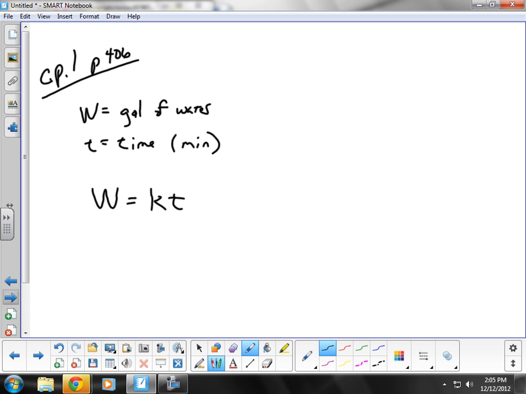The shower lasting 5 minutes. So if I've got a shower that lasts 5 minutes, so 5 is T, uses 30 gallons of water. So 30 is W. Then it wants to know how much water is used in a shower that lasts 11 minutes.